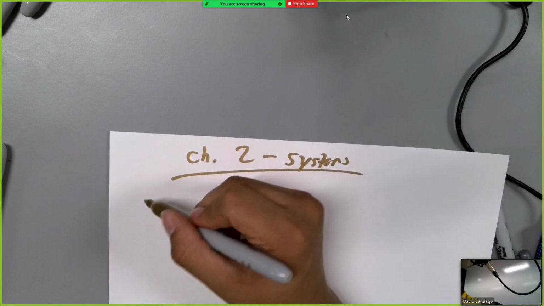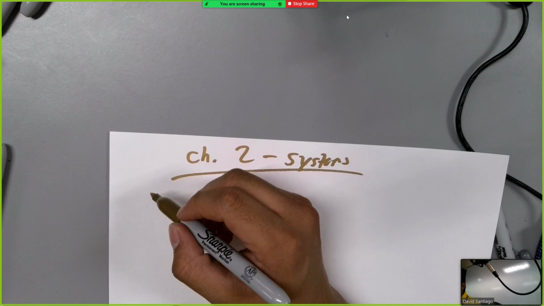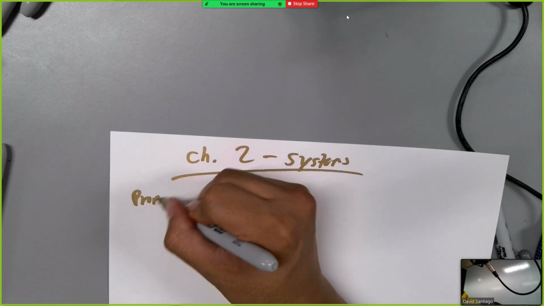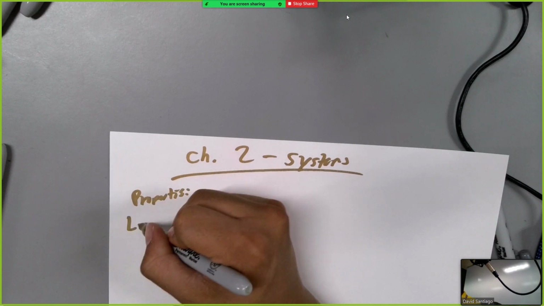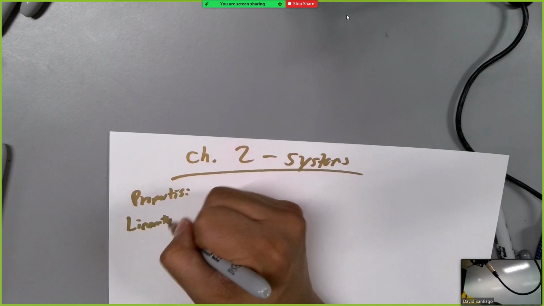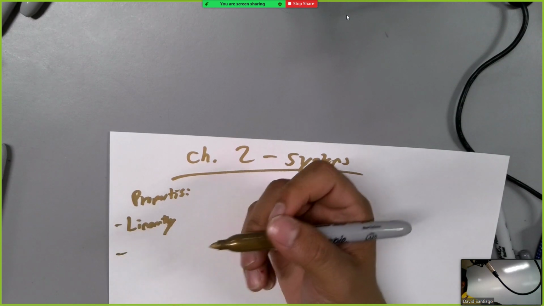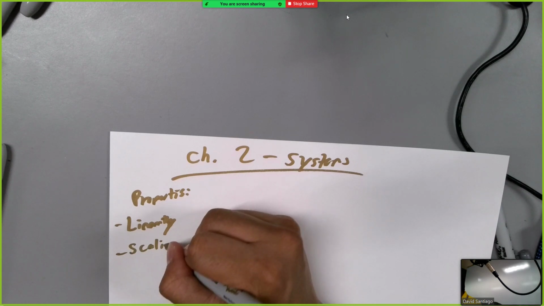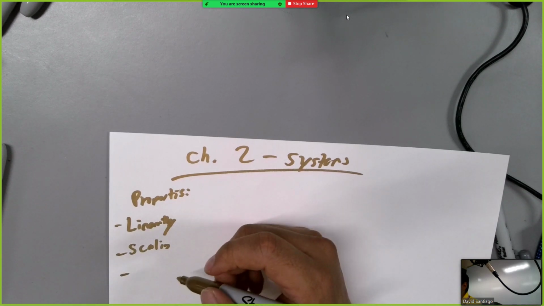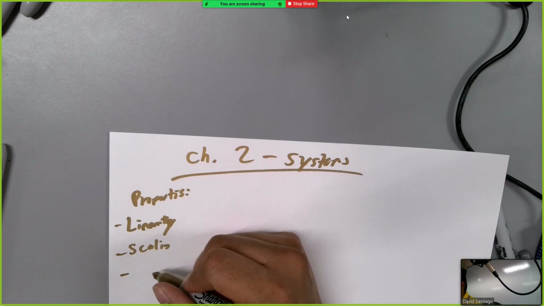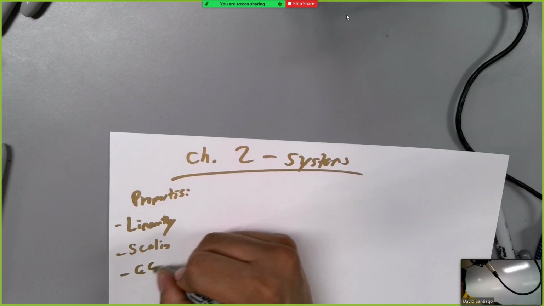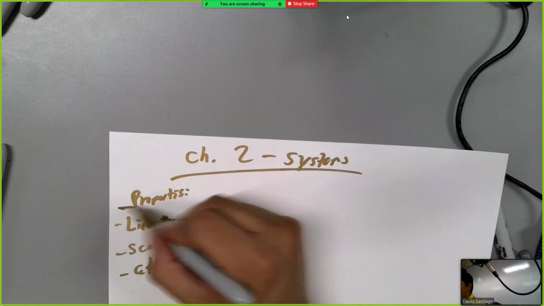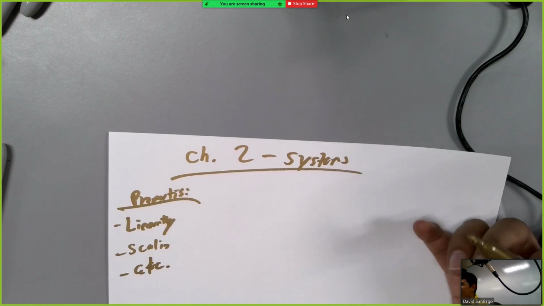Remember those properties, like linearity, and then what other properties? The scaling, and what else was there? I'm just going to write etc. Remember that stuff? That's everything we're going to cover from there.